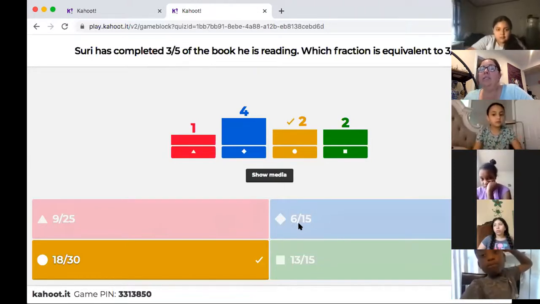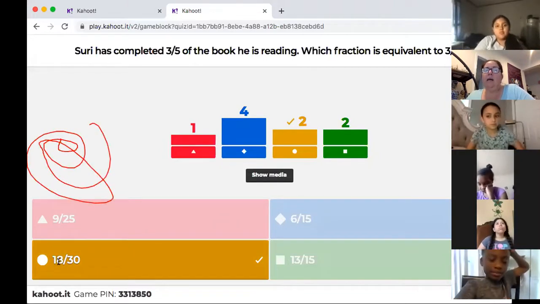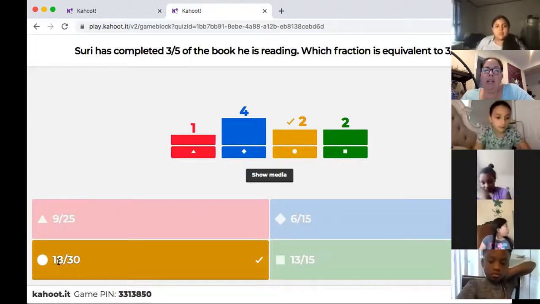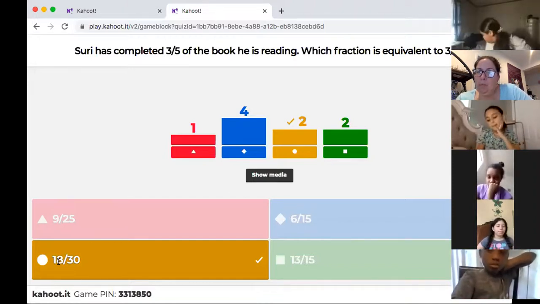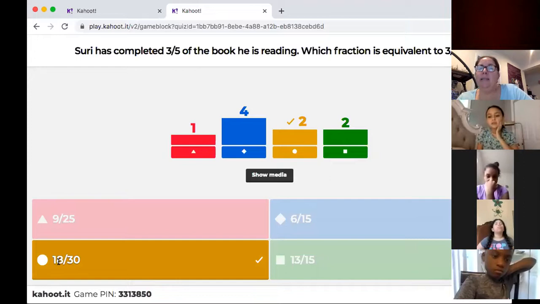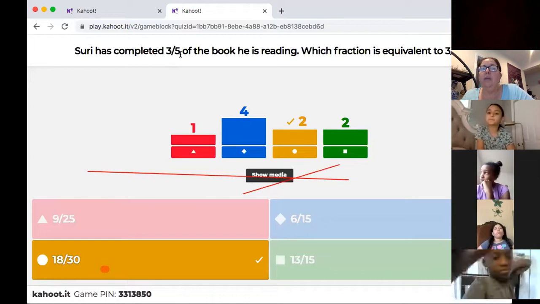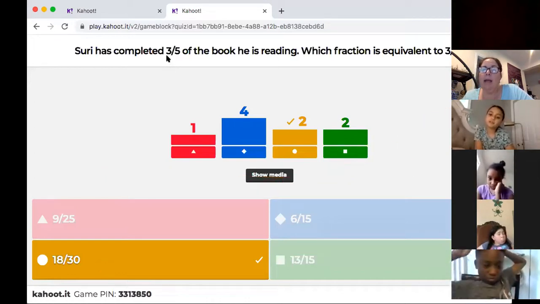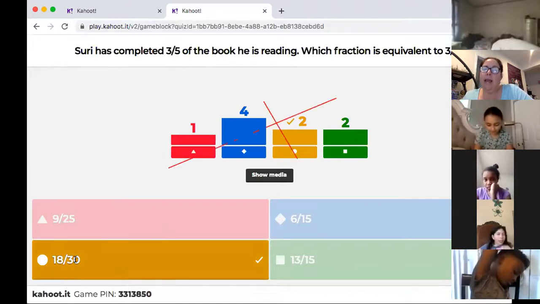So 6/10 would be an equivalent fraction to 3/5. Here, what number did they multiply the top and the bottom to get the equivalent fraction 18/30? 3 times what is 18? 3 times 6. 3 times 6 is 18, and 5 times 6 is 30. So the equivalent fraction we got by multiplying the 3 by 6 and 5 times 6 to get 18/30.